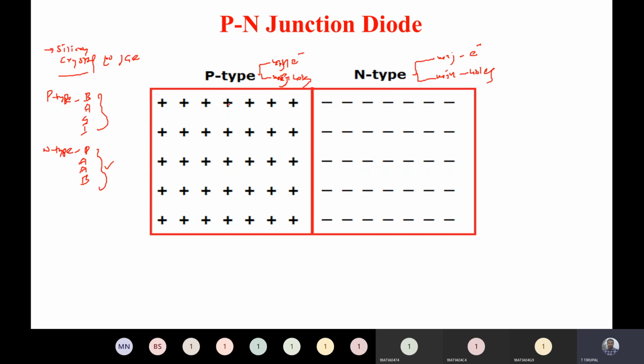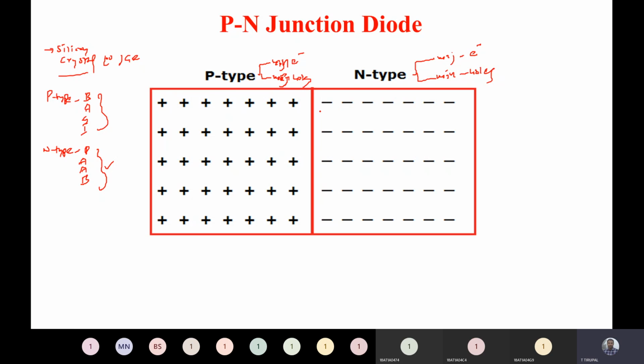Now you can see here, all holes are positively charged particles, so they have a positive sign, and all electrons are negatively charged particles, so they have a negative sign. But here you need to represent and study with respect to ions. Every minus here will donate an electron.